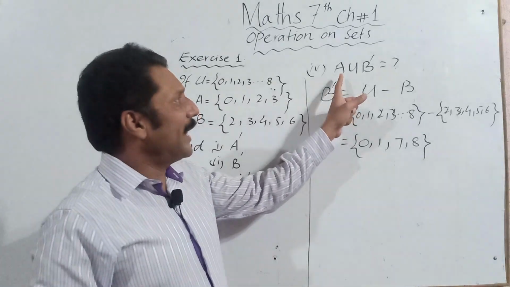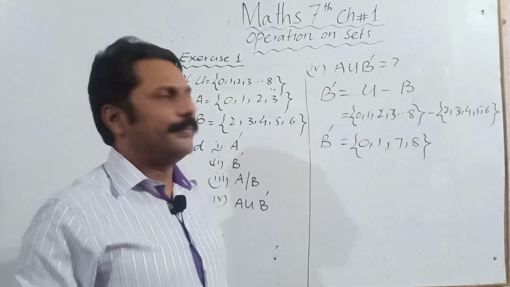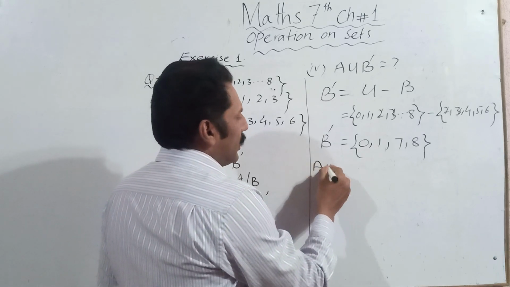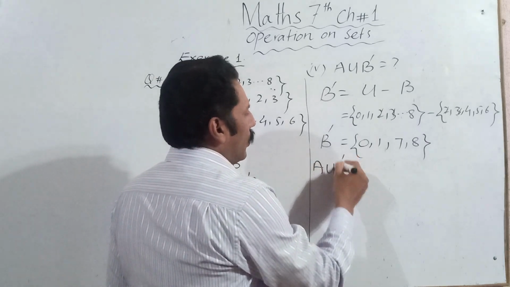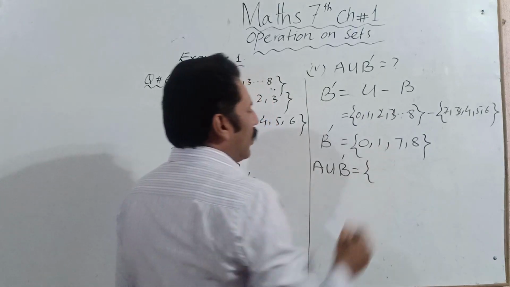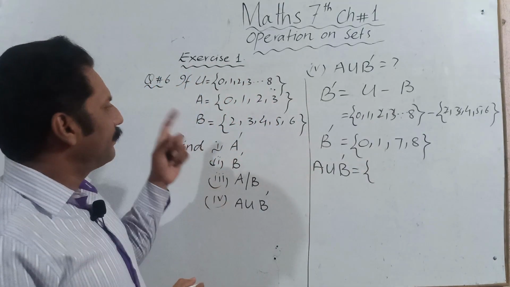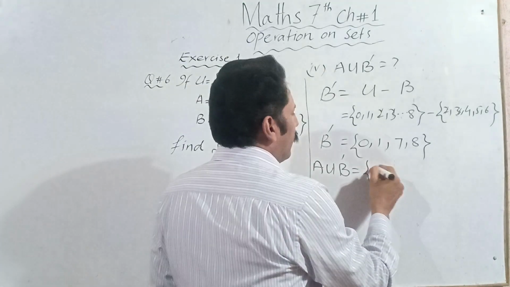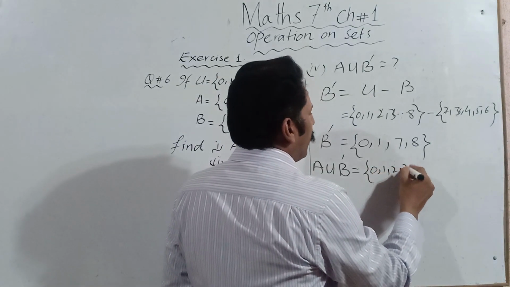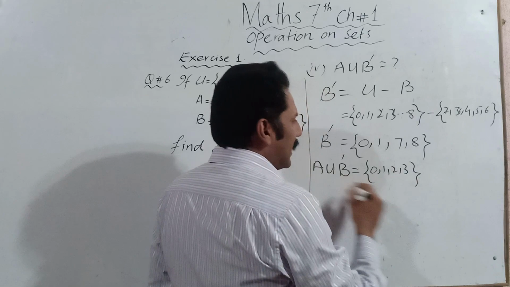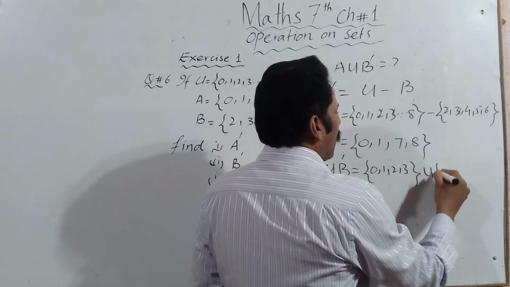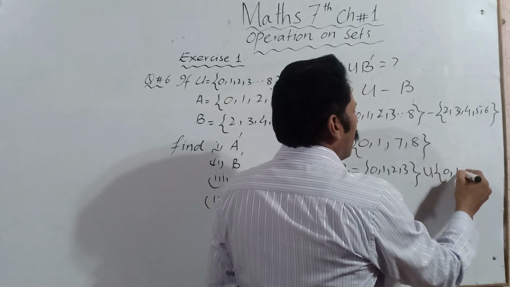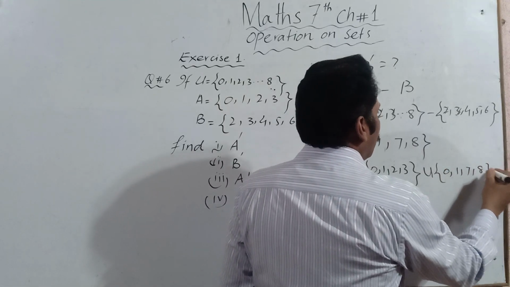In fact, we have to find A union B whole complement. Students, what will we do? We will combine these two sets. First of all, we will write the elements of set A, that is 0, 1, 2, 3, and then union sign and elements of B complement: 0, 1, 7, 8.